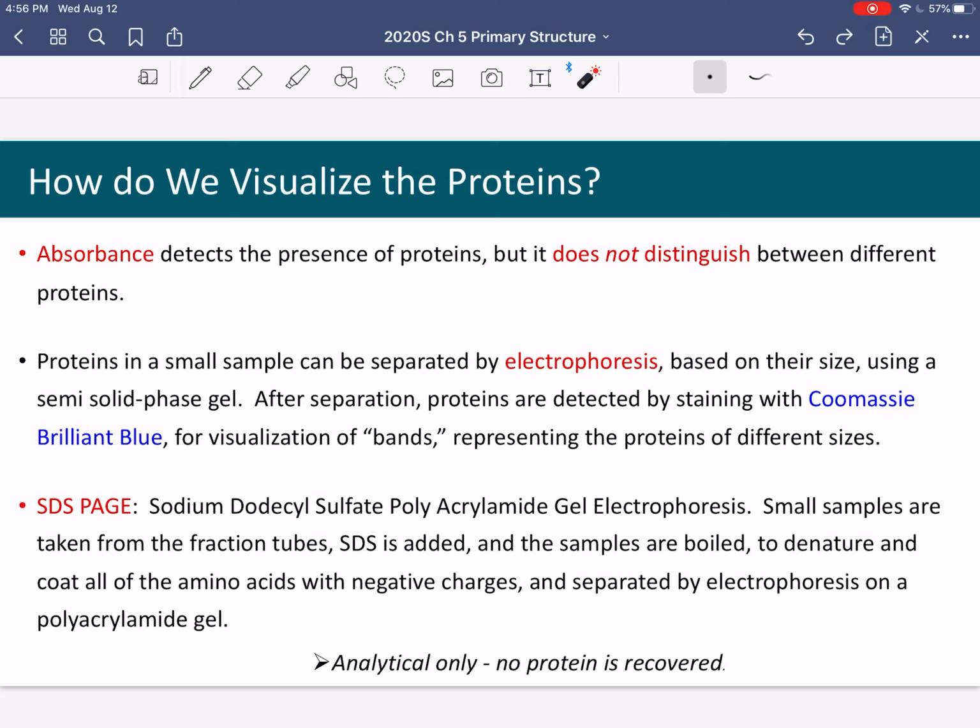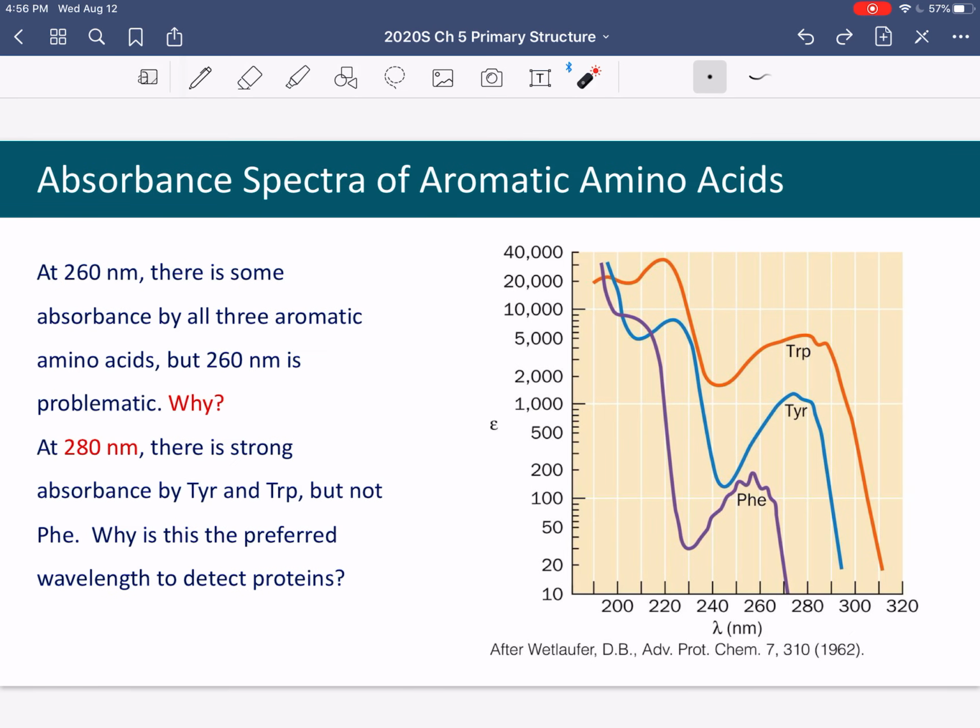Now, we talked about how we know which fractions, which test tubes in our chromatography steps have protein by looking at absorbance at 280. And so we've seen this slide before. The absorbance at 280 is the absorbance of light at 280 nanometers by the tyrosines and tryptophans in proteins.